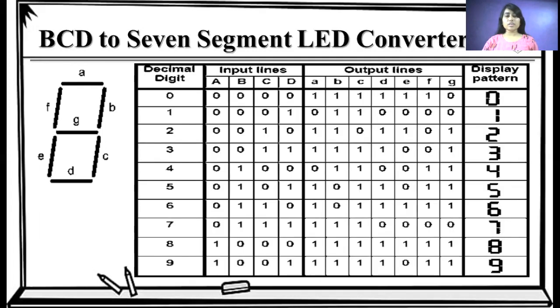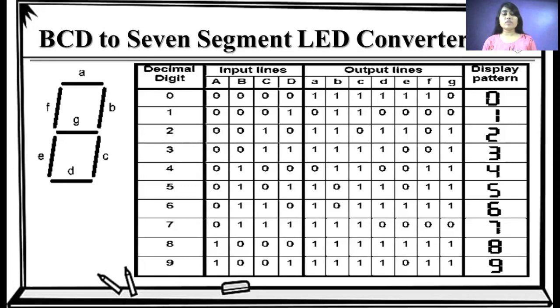For example, here we have a table for decimal digits 0 to 9, and we have the BCD numbers in the form of capital A, B, C, D, with binary patterns from 0000 to 1001. Now for 0, the LEDs A, B, C, D, E, F must be on and G must be off. Here the display pattern shows the corresponding decimal digit.